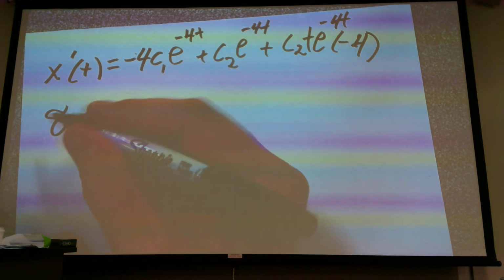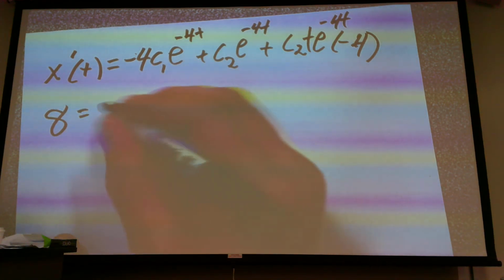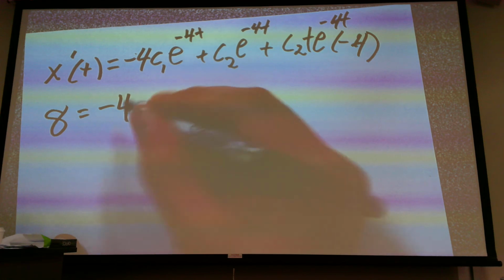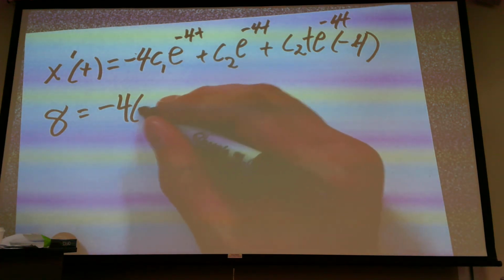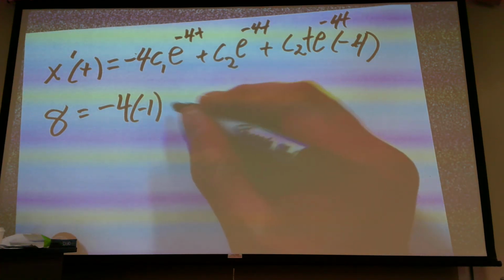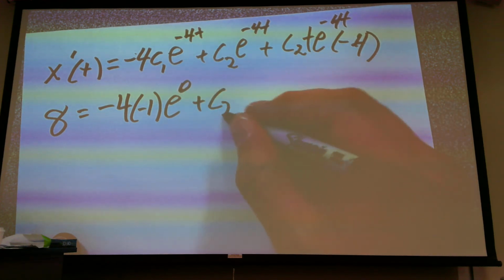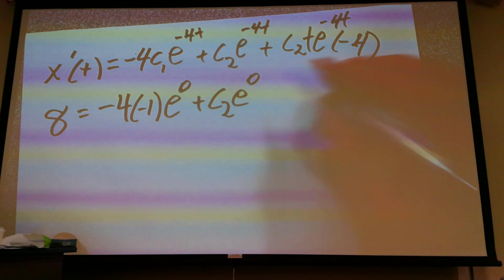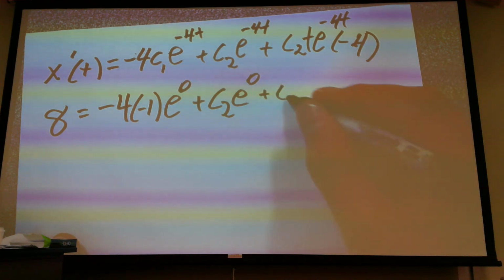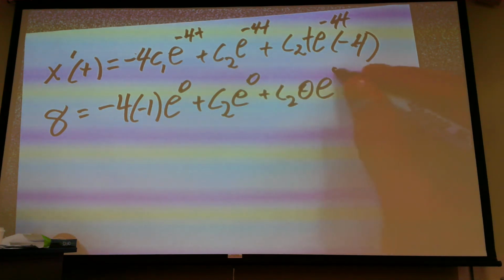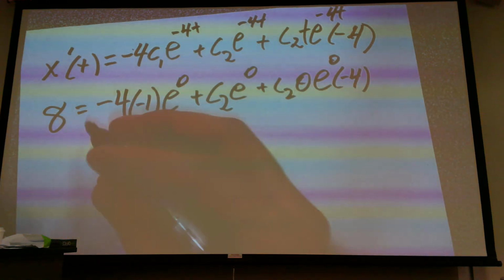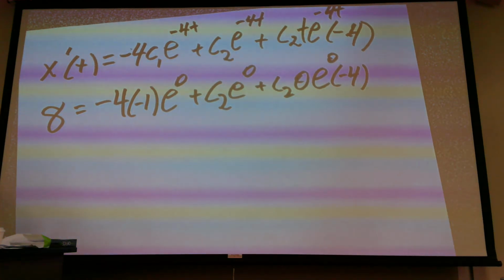So 8 is going to equal -4, and C1 is just -1, times e to the 0. Now plus C2 e to the 0. Now plus C2 times 0 times e to the 0 times -4. So e to the 0 is 1.